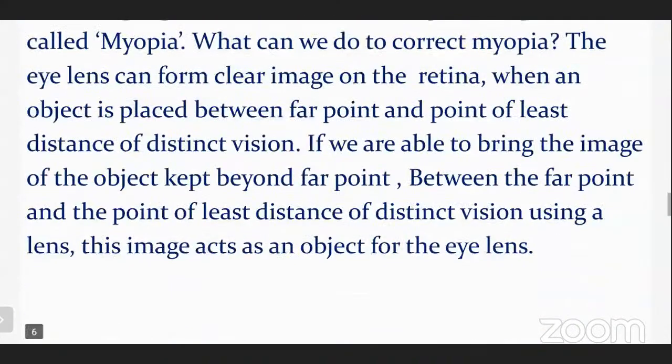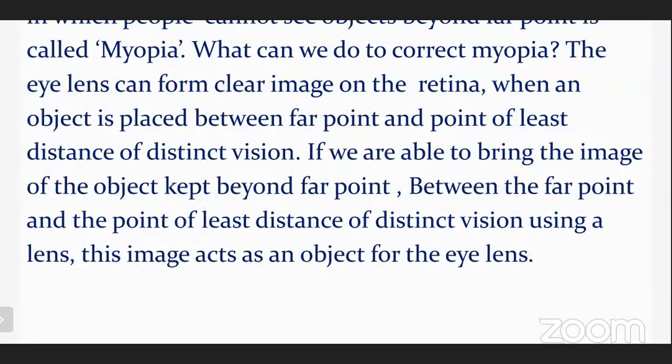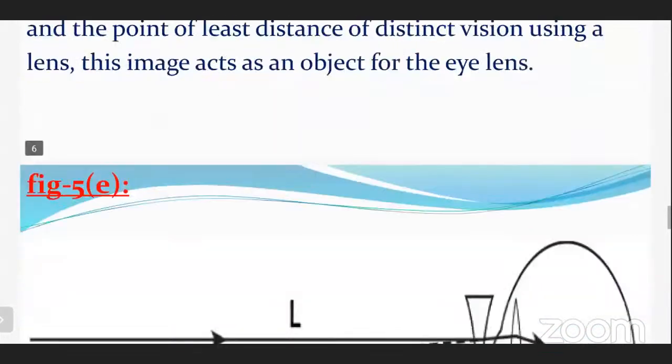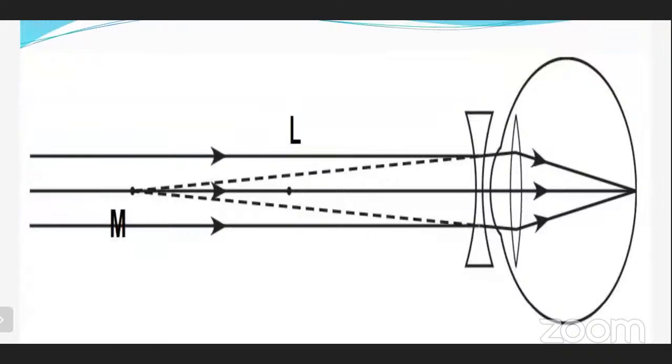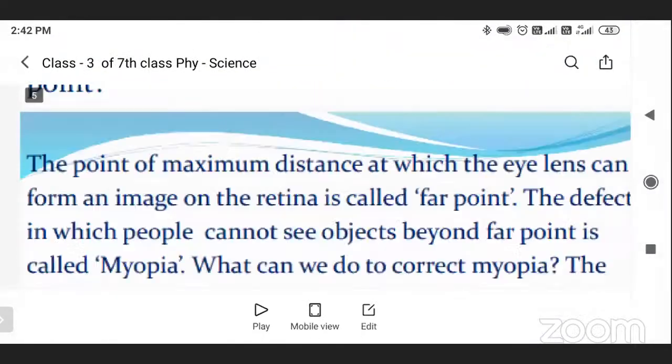If we are able to bring the image of an object kept beyond the far point, then the image acts as an object for the eye lens. Here M is the far point, L is the least distance of distinct vision, and in the first figure, for myopia people, the image is formed before the retina. Understand? Here it is. What can we do?